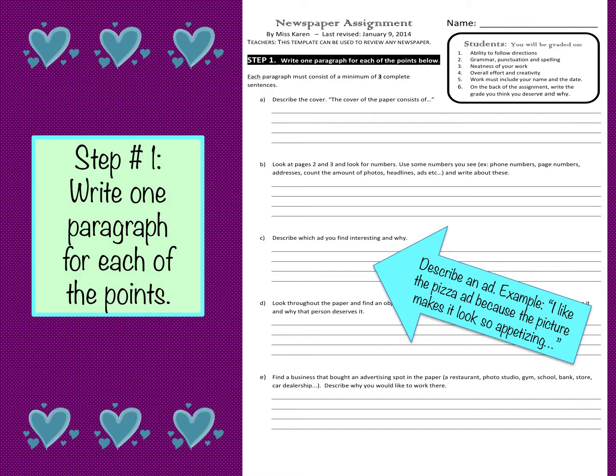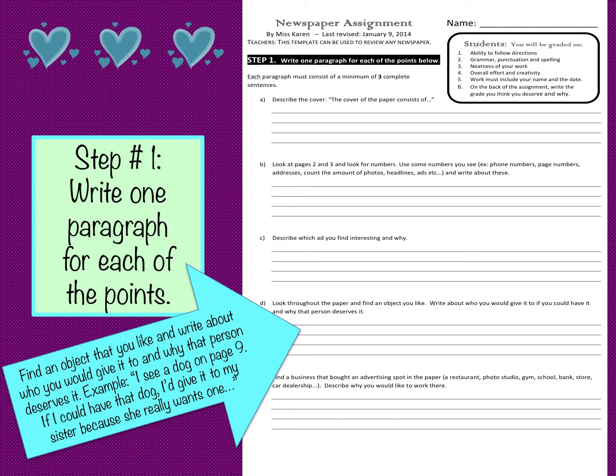Describe an ad. Example: I like the pizza ad because the picture makes it look so appetizing. Letter D. Find an object that you like and write about who you would give it to and why that person deserves it. Example: I see a dog on page 9.